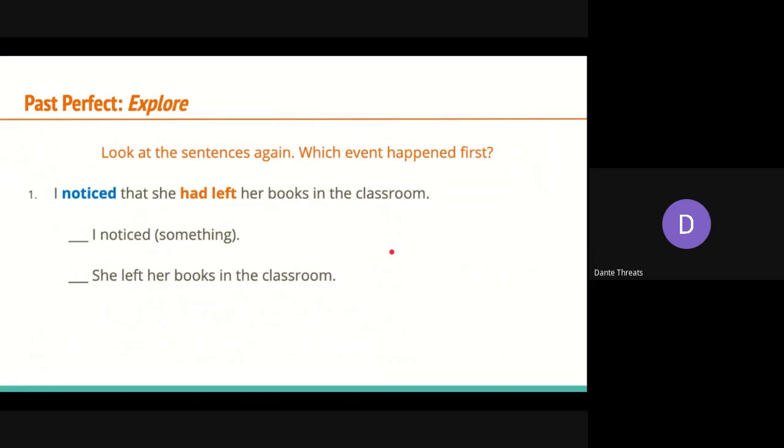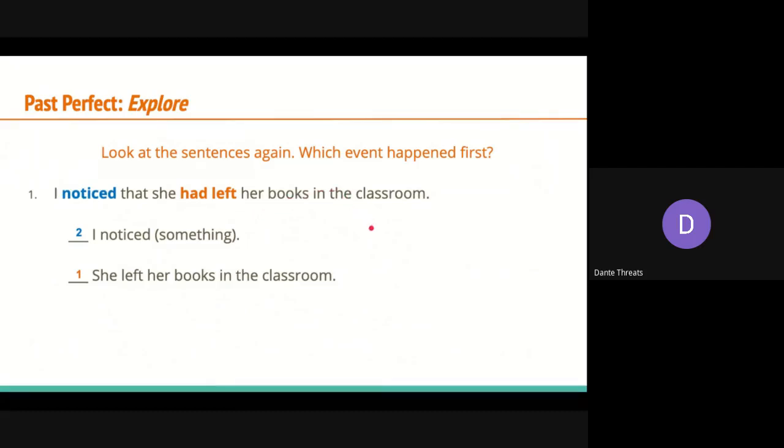Okay, so which event happened first? I noticed something, or she left her books in the classroom first? Which one came first? Right, so I noticed would come second, which means she left her books in the classroom. That would have to come first, right? I noticed that she had left her books in the classroom.